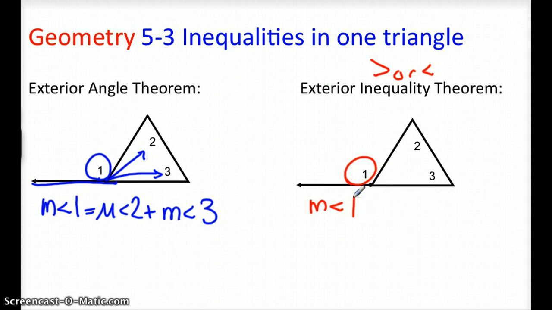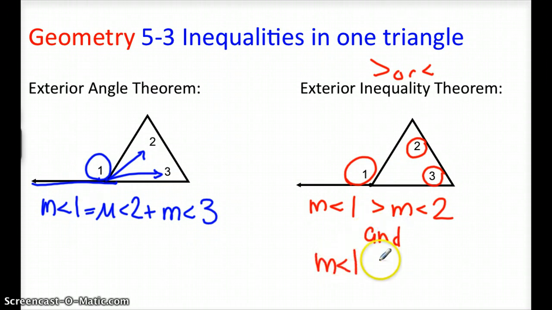Well, if angle 1 equals these two added together, and I'm only looking at one of them, then angle 1 should be greater than each one of them by themselves. So the measure of angle 1 is greater than the measure of angle 2, and the measure of angle 1 is also greater than the measure of angle 3.